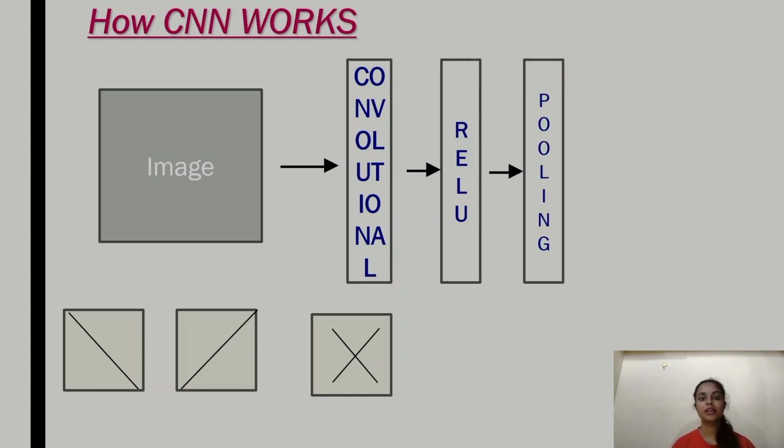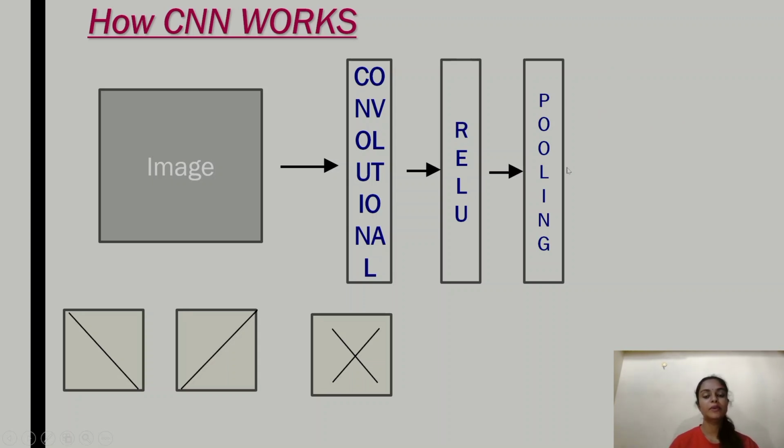The pooling layer is nothing but grouping 4 members. If the ReLU layer has a 9 cross 9 matrix, we consider 2 cross 2 matrices. In each 2 cross 2 matrix, we pick the best member out of the 4 members and store it in one matrix.